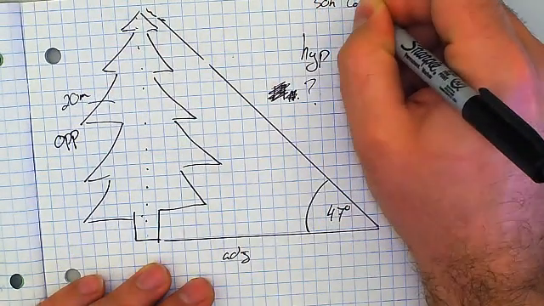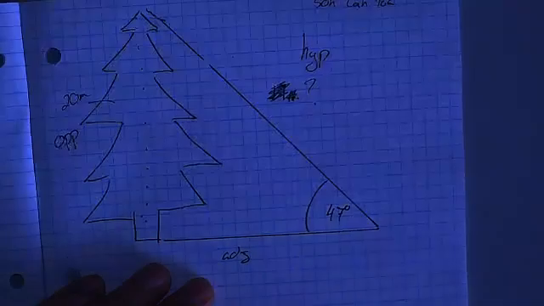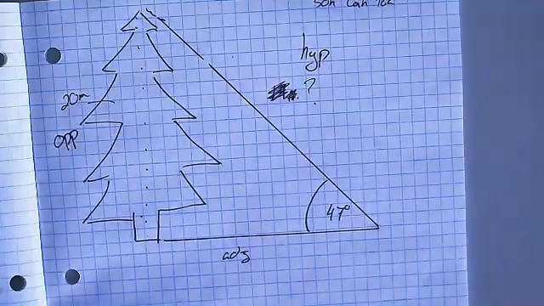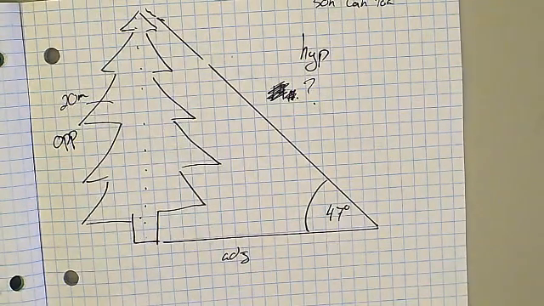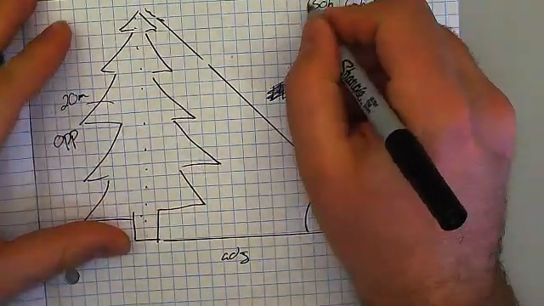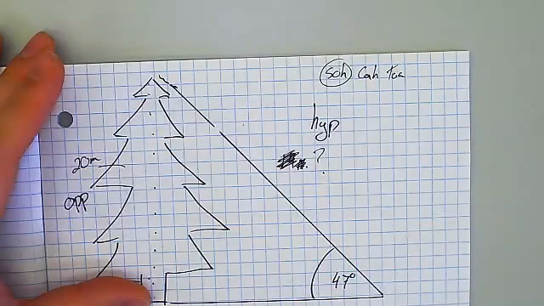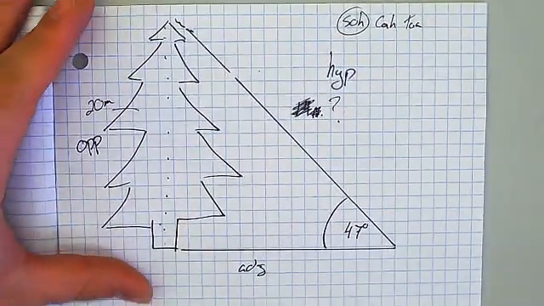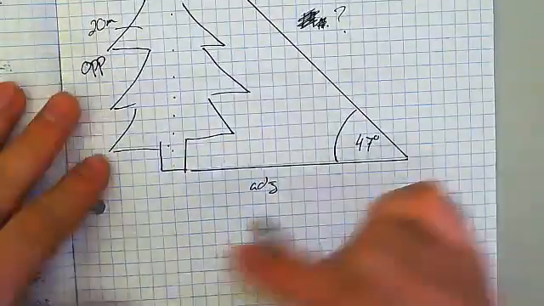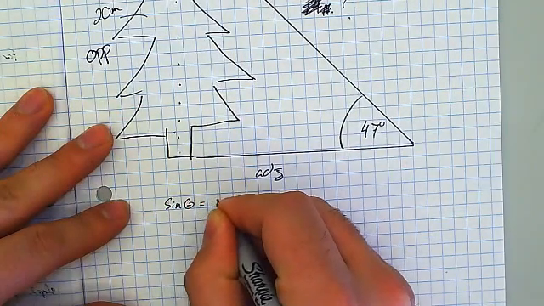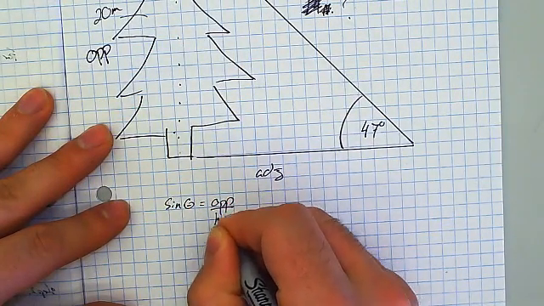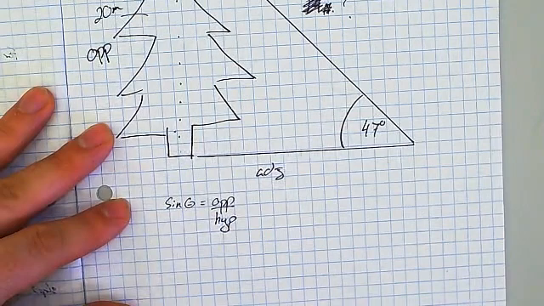We think of SOHCAHTOA to pick our right formula. That uses our opposite and the hypotenuse. Again, sine uses opposite and hypotenuse. So we can go from there. Sine theta equals the opposite divided by the hypotenuse.